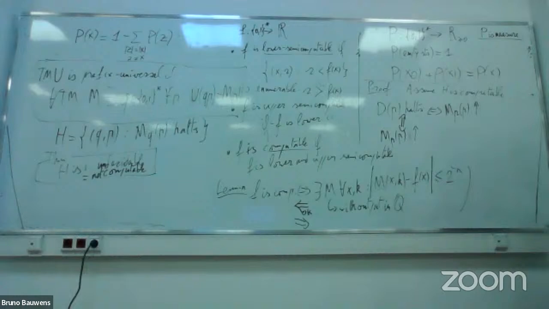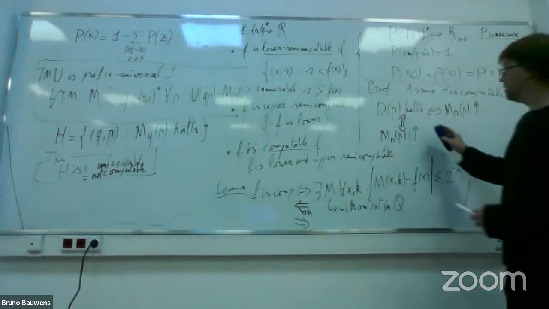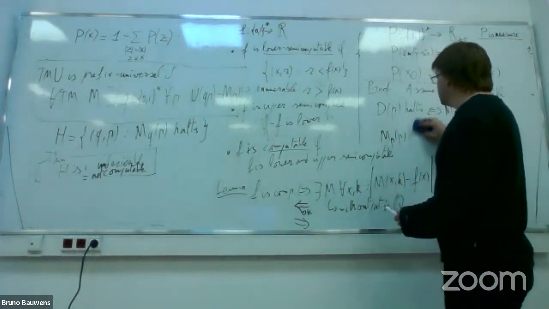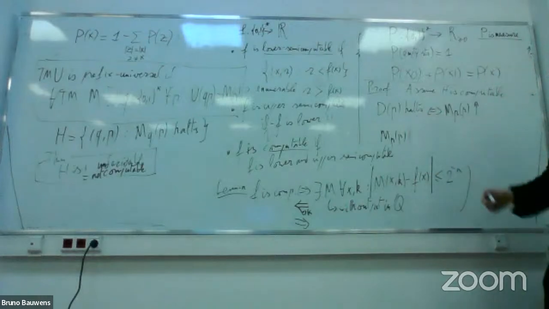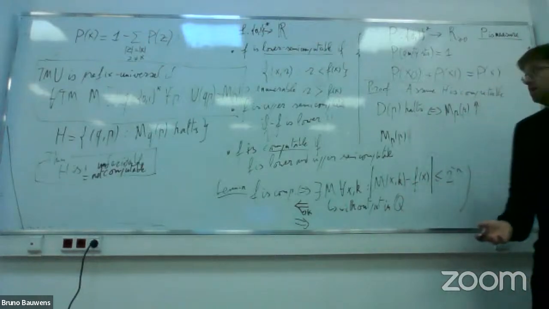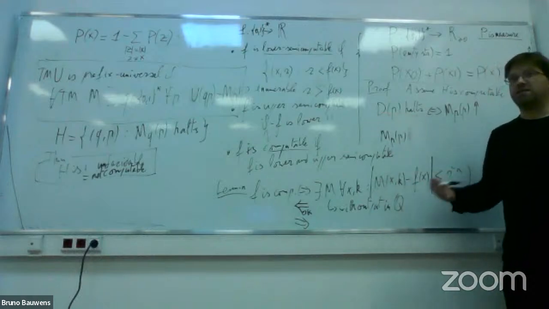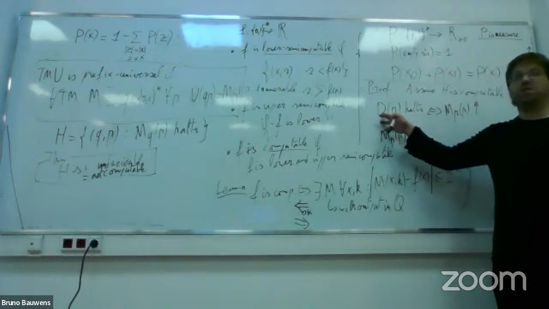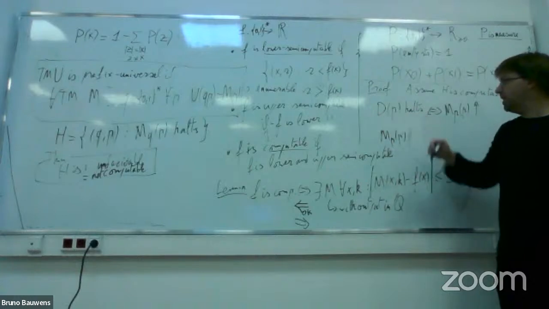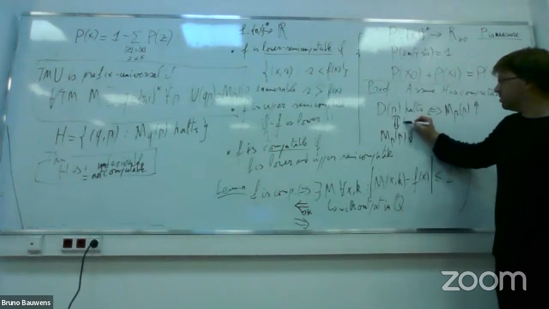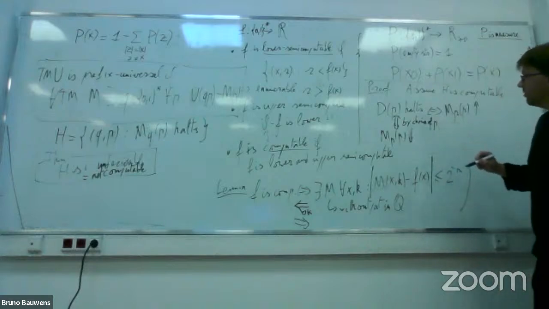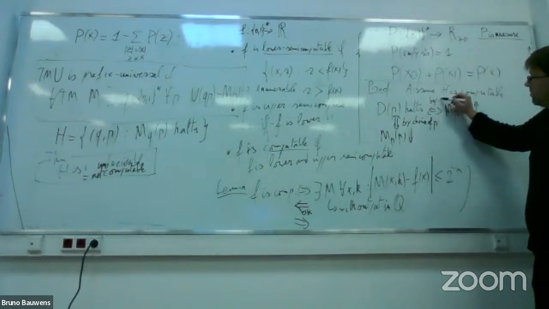Sorry, I already used the definition, now I need to use the other thing. So here is the definition. Now I apply the assumption: P is a machine that simulates D. So D(P) halts if and only if M_P(P) halts, by choice of P.